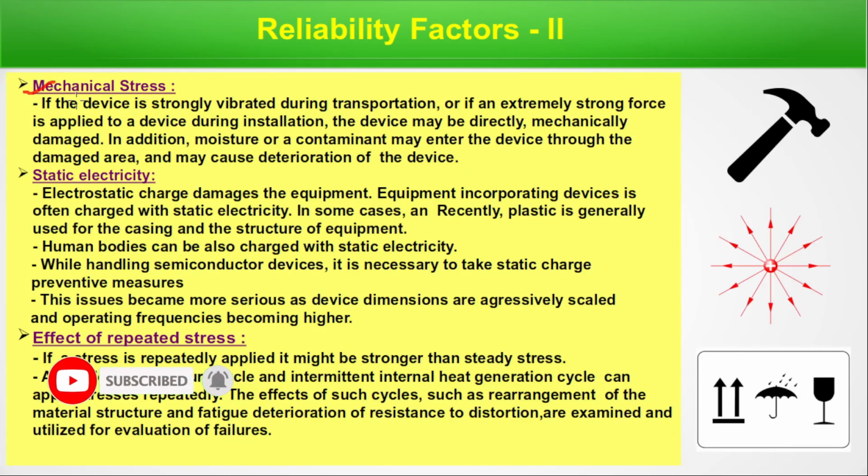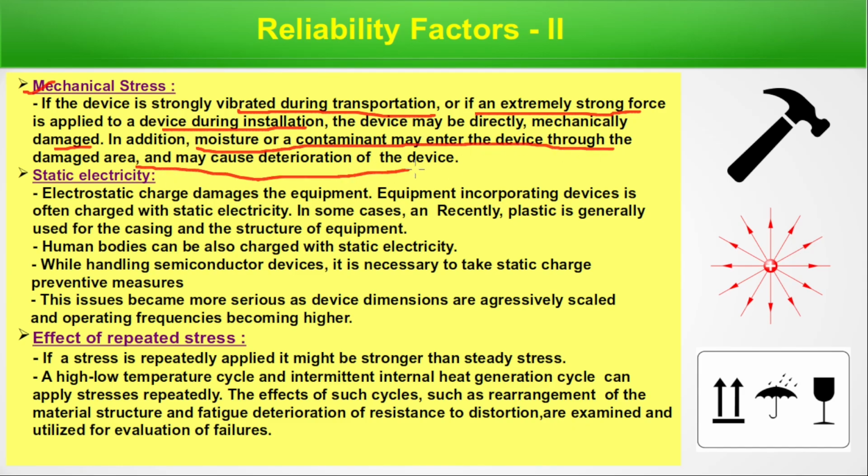Mechanical stress. If the device is strongly vibrated during transportation, or an extremely strong force is applied to a device during installation, the device may be directly mechanically damaged. In addition, moisture or contaminant may enter the device through the damaged area and may cause deterioration of the device. Now static electricity. Electrostatic charge damages the equipment.